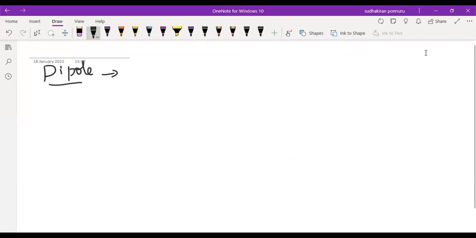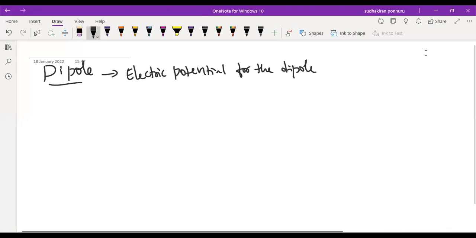Next, we are going to learn about finding the electric potential for the dipole. This concept is equally important. And next after that we are going to see about torque due to dipole. So this is also important.